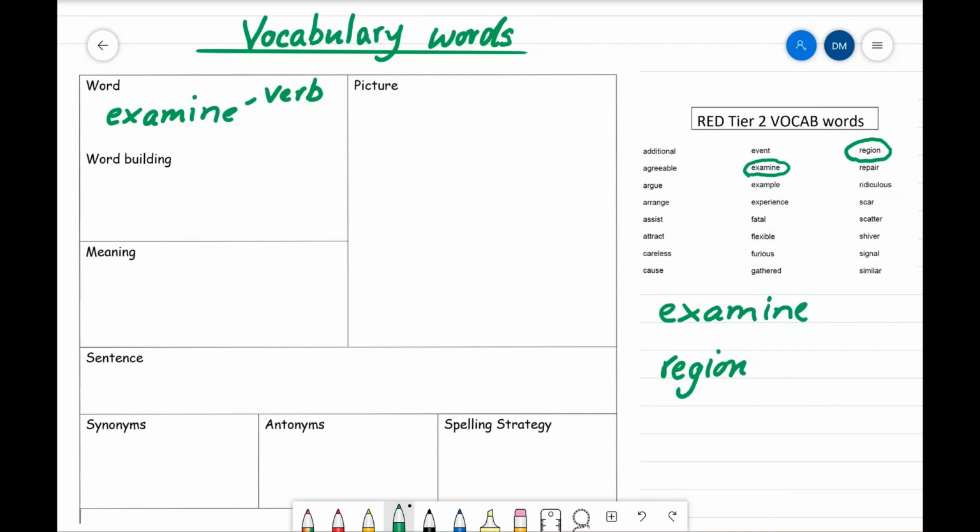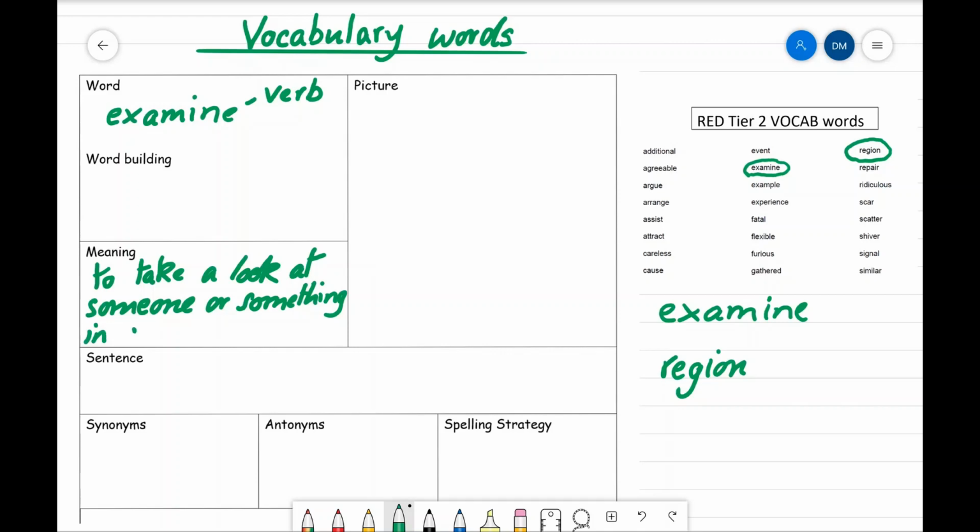And the meaning is to take a look at someone or something in detail. So to have a really good look at something or someone.